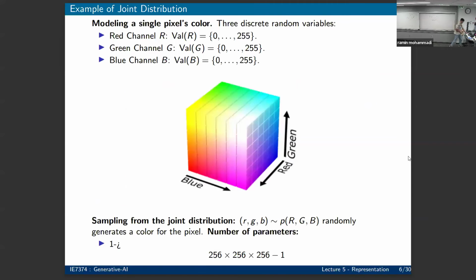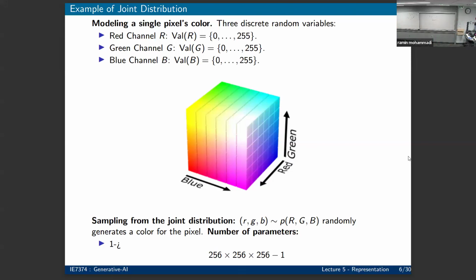Now, if you think about an image that has RGB, and each channel technically has 256 values, from 0 to 255, right? If you see this cube, how many total parameters do I need in order to learn the joint distribution of this image? You need 256 by 256 by 256 minus 1.